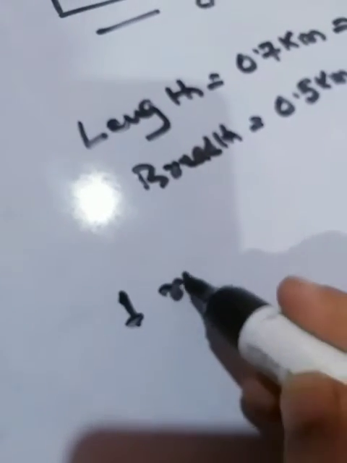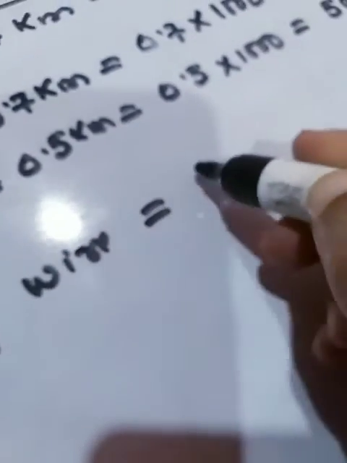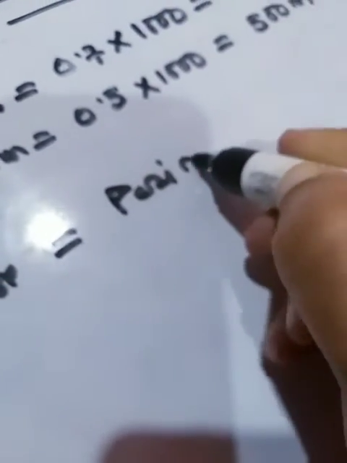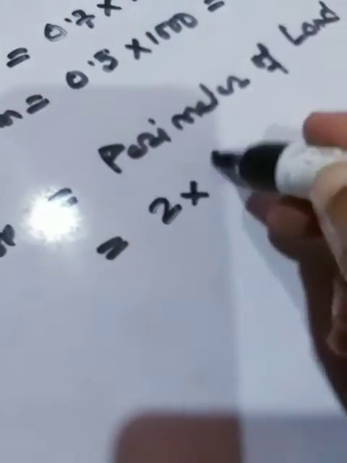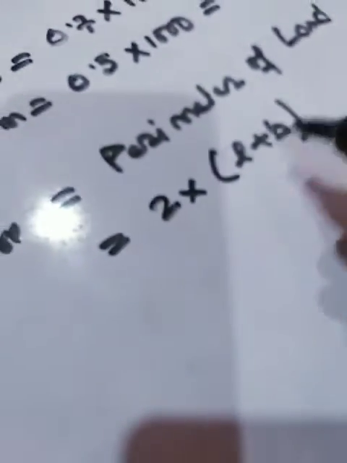So one row of wire would be equals to perimeter of land. And what is the formula of perimeter of land? As the land is in the shape of a rectangle, we'll write the formula of perimeter of rectangle: 2 into length plus breadth.